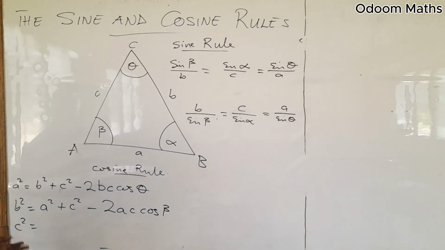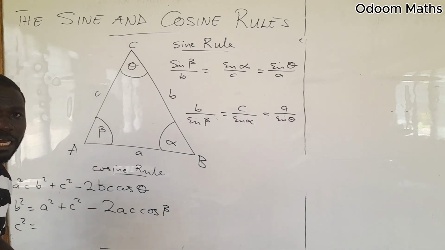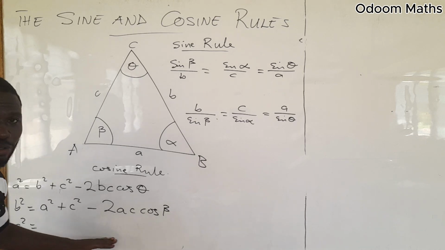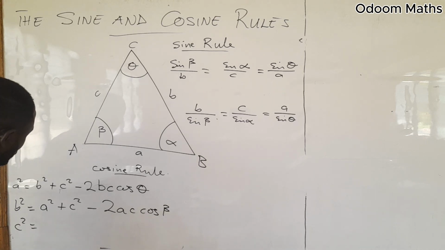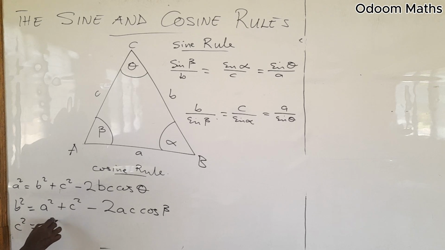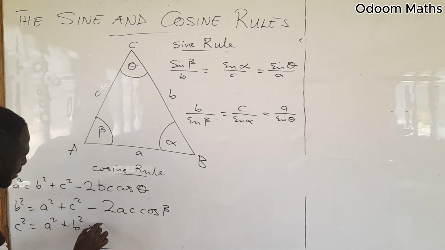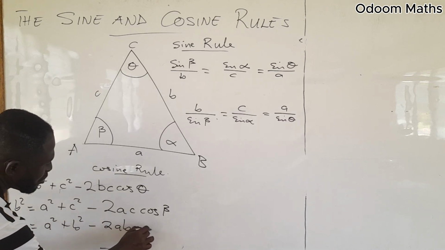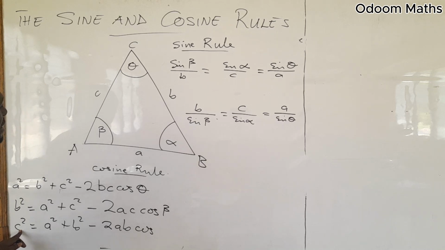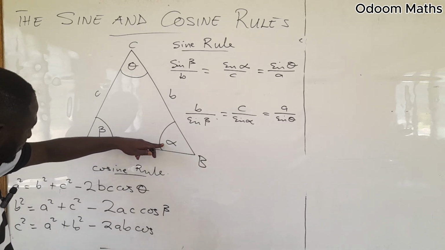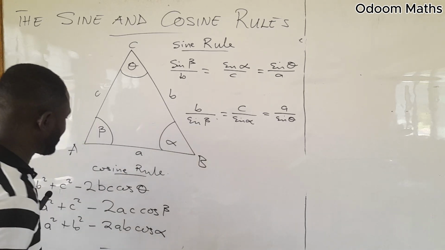I hope you've paused, and you are going to get the same thing as I am going to get. So C squared is A squared plus B squared minus 2AB cos. C faces alpha, so cos alpha. So that is that.